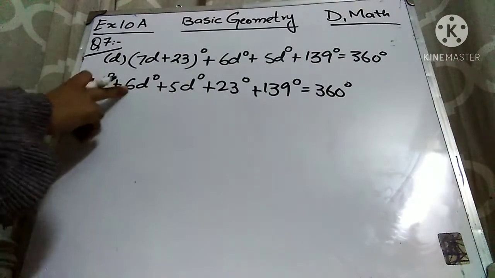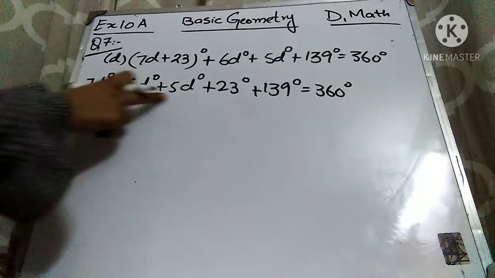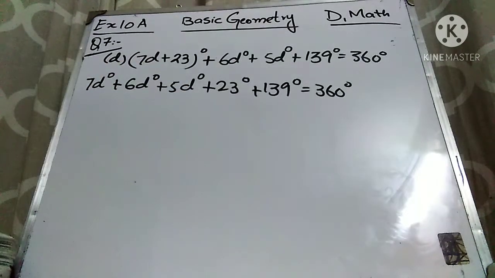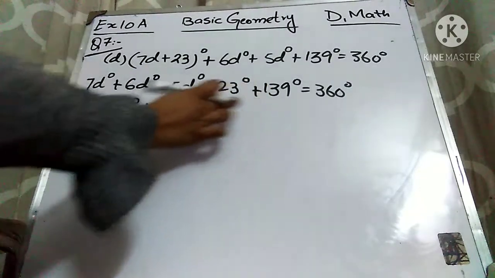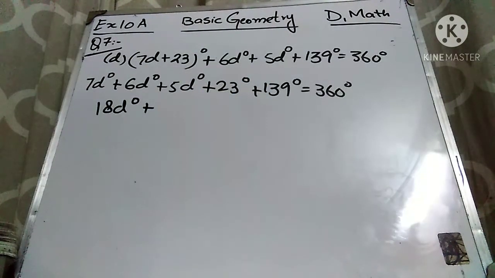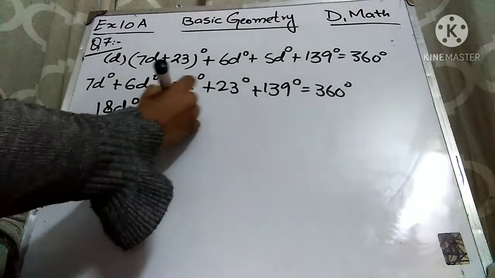So I will solve 7, 6 and 5 because these are like terms. All these three have the same variable, which is D. Now 7, 6 and 5 will be equal to 18D. Now I will solve these constants together. These both are constants, so these are like terms. 23 plus 139 will be equal to 162.